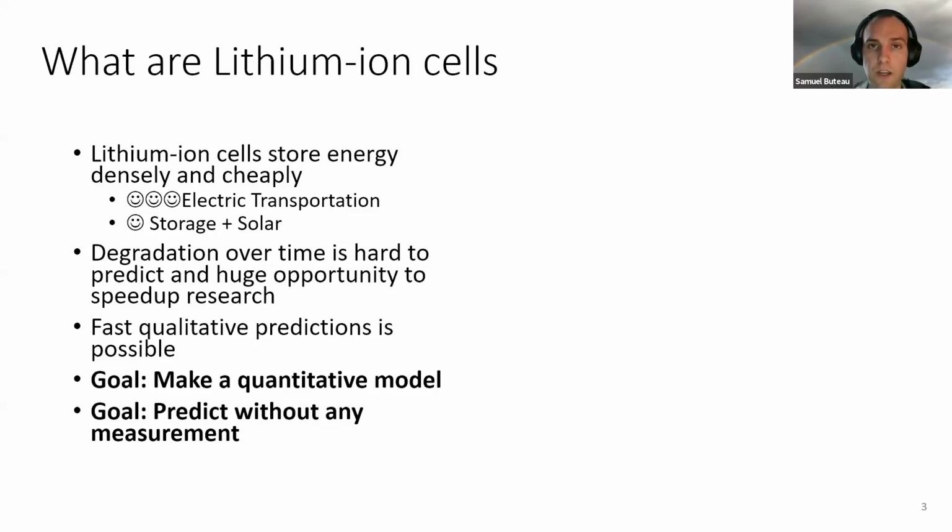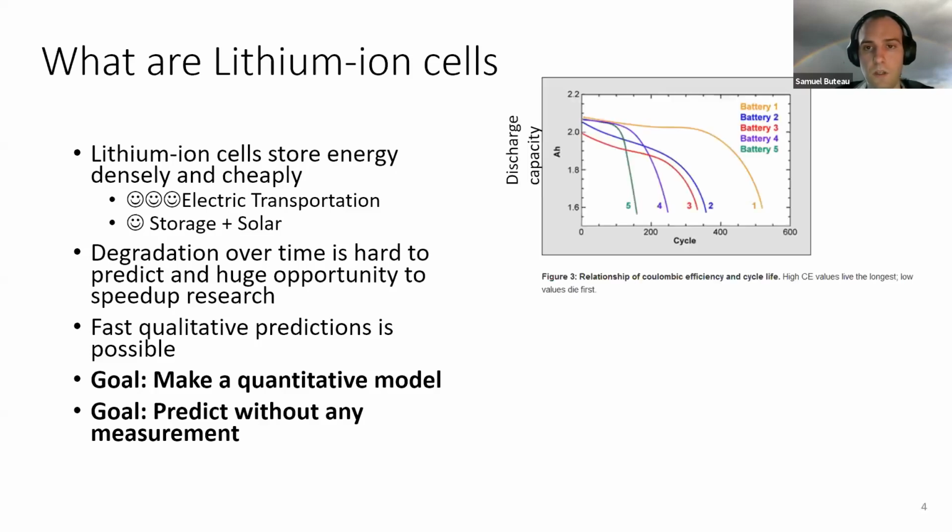And it's pretty hard to see why it takes a long time to get this answer. It's because batteries degrade over years. So let me go through an example here. Here are 5 different cells plotted in different colors, and we charge and discharge each cell over and over again, and we count the number of times we do this. That's called the cycle number, plotted on the x-axis here.